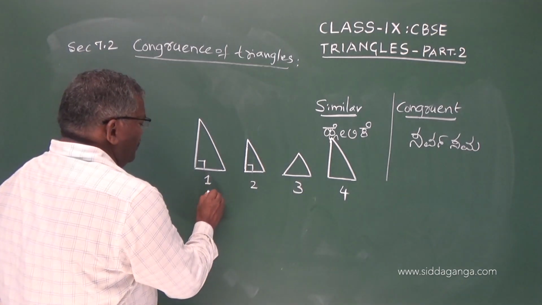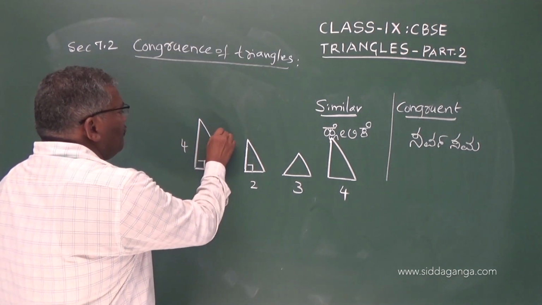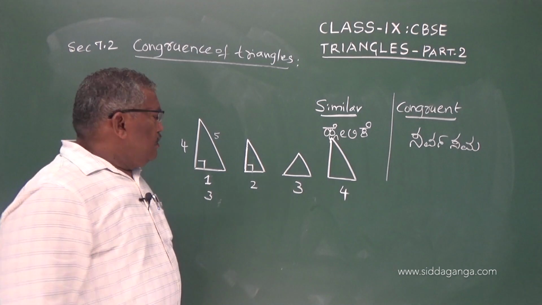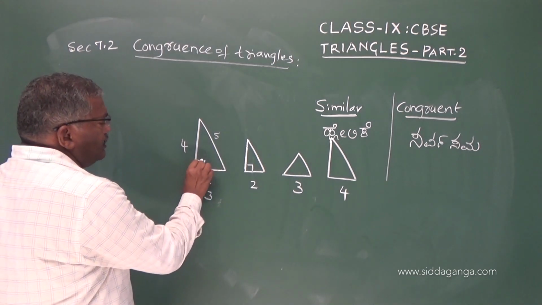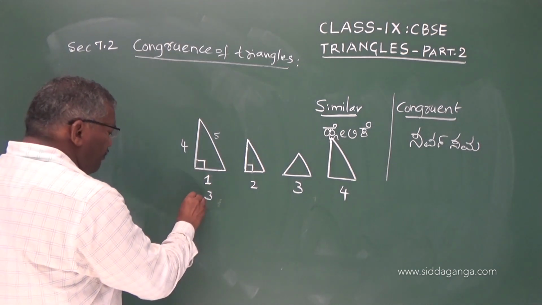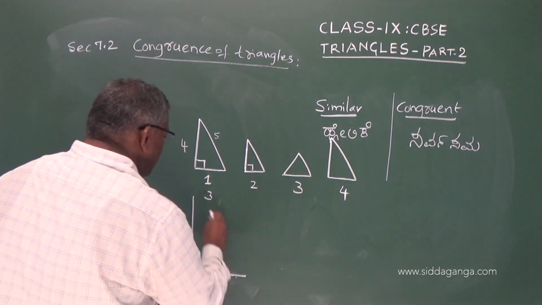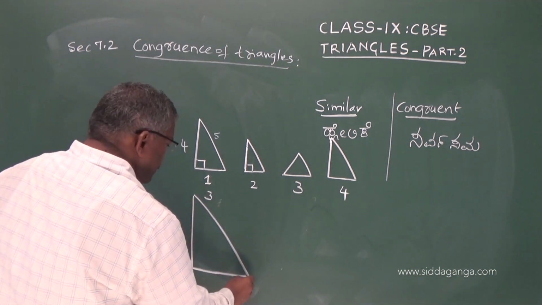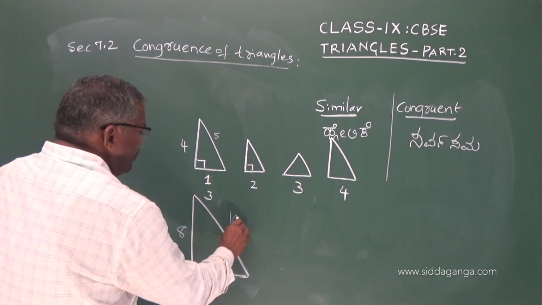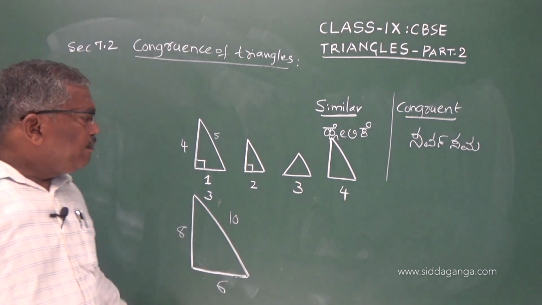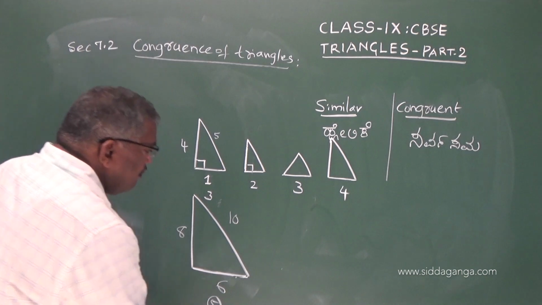So what exactly is similarity? Suppose this is 3 centimeter, this is 4 centimeter, this is 5 centimeter, and one angle is 90 degree. If I have another triangle, let us say 6, 8 and 10, I will call this figure 5.